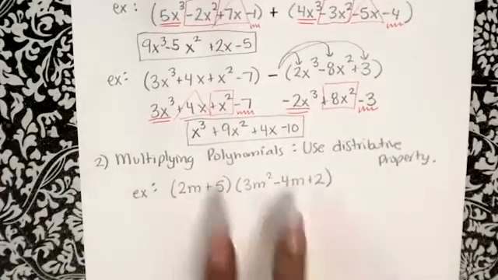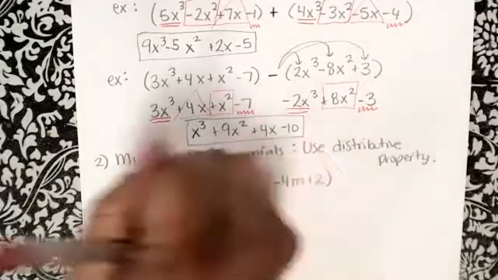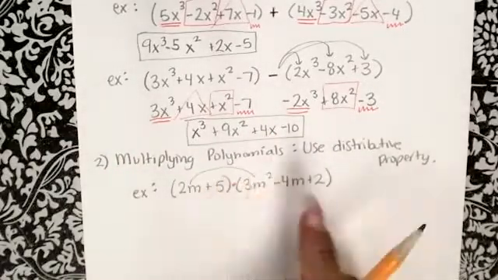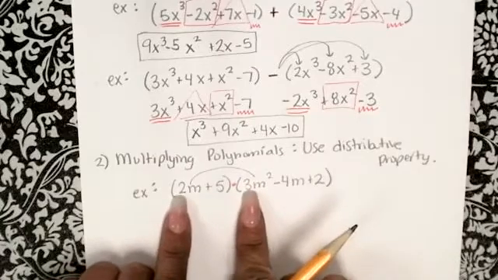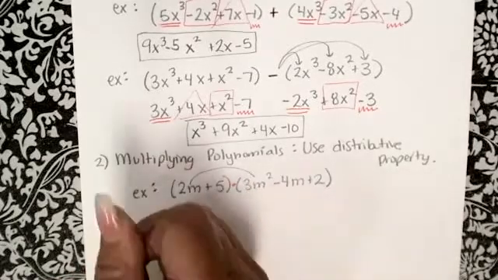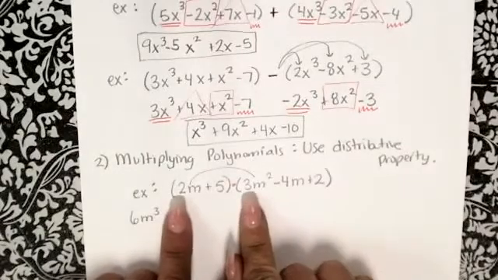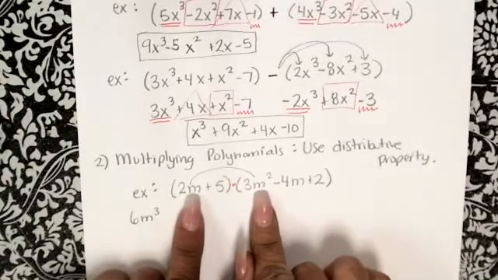Now, the symbol between these two polynomials is a multiplication. So first, I'm going to multiply the 2m. So 2m times 3m squared is actually 6m to the third. When you are multiplying, you multiply the coefficients, and then the exponents, you're adding them up.